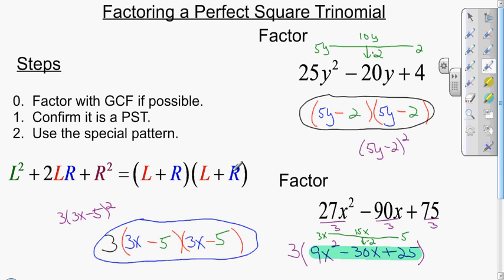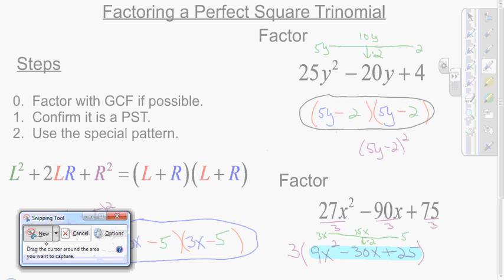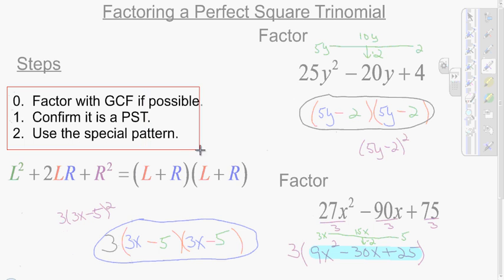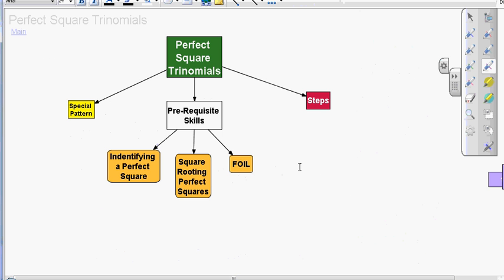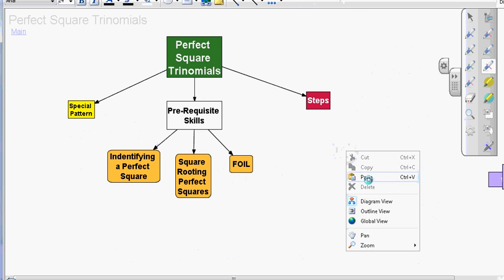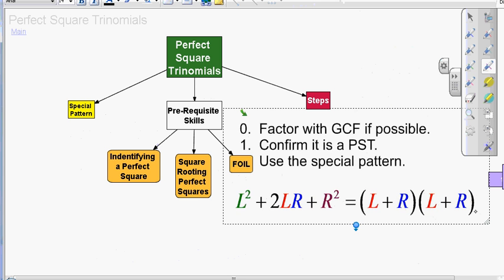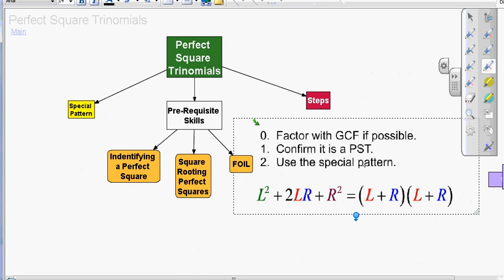So, I hope this demonstrated this process of factoring perfect square trinomials. I'm going to take a second to get a screenshot of my steps, and then I will paste that into the flow chart. Maybe I can shrink that down just a little bit.